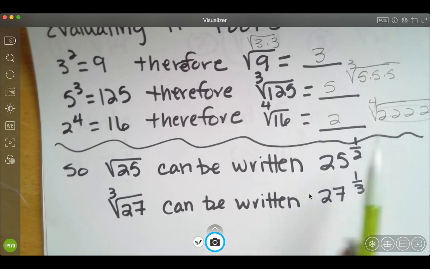So the cube root of 27 could be written as 27, that's our base. The index, or the root number, is 3, so that's the denominator, and the exponent is 1.